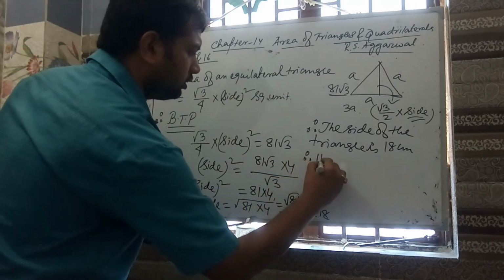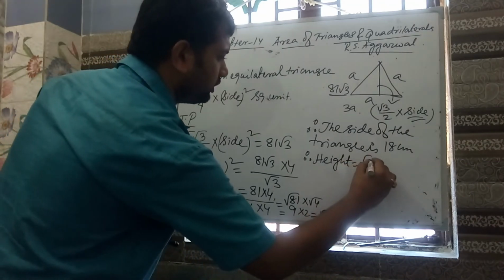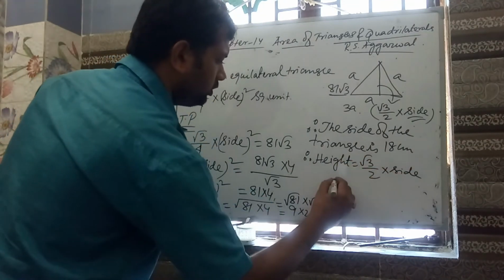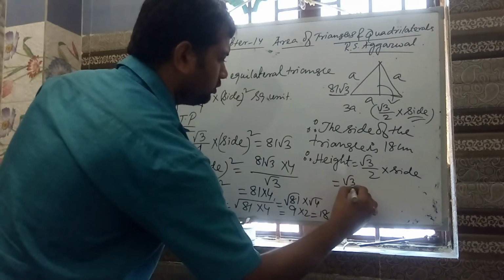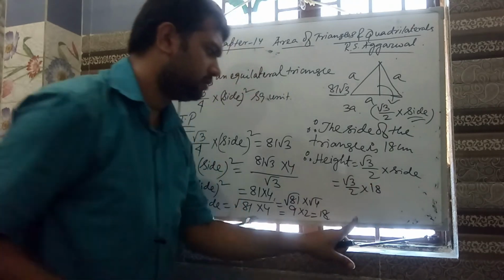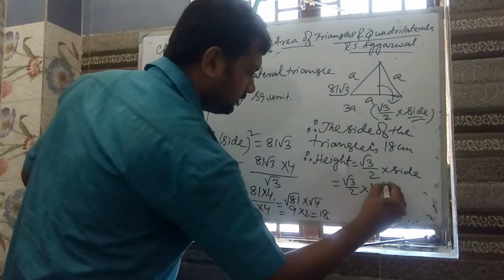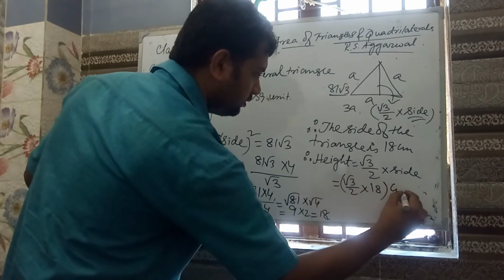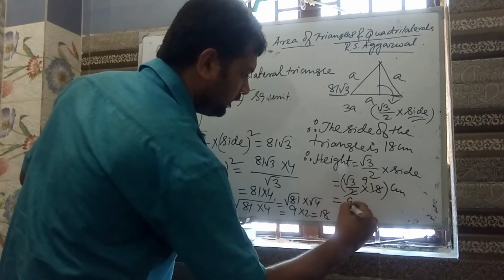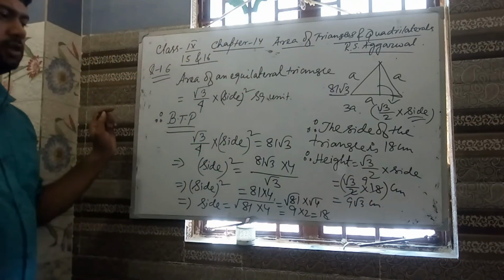Therefore, height equal to root 3 by 2 into side. It will be root 3 by 2, side is 18. Root 3 by 2 into side, 18 centimeter. That is, if we cancel out, 9 root 3 centimeter. Clear?